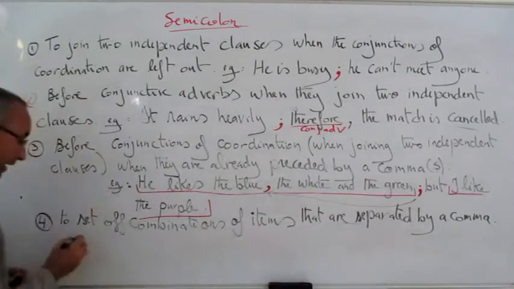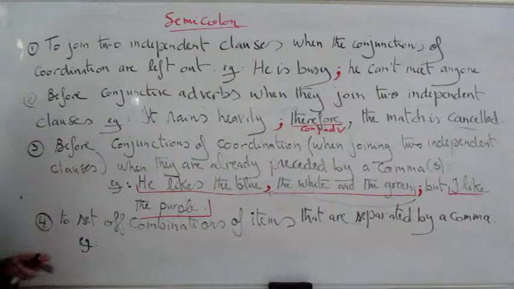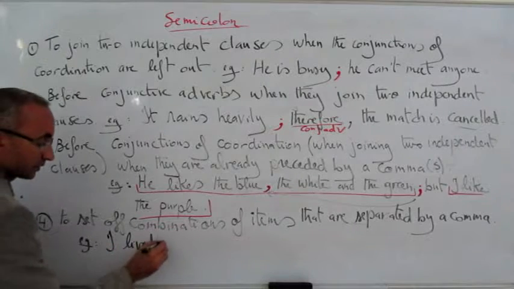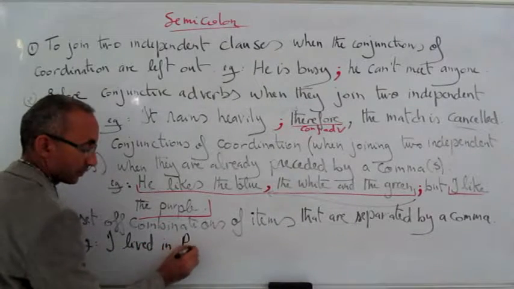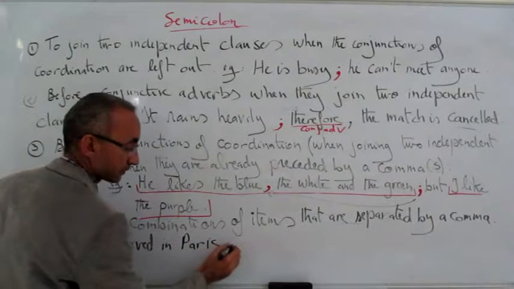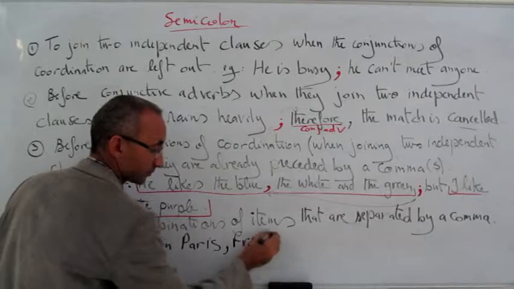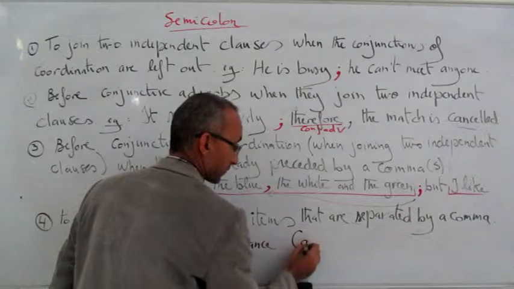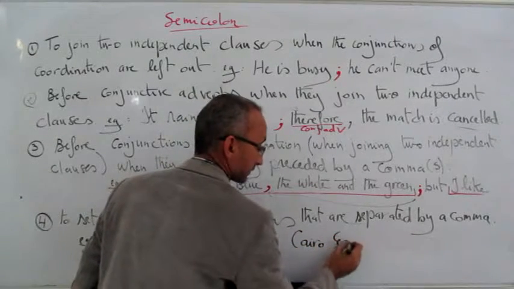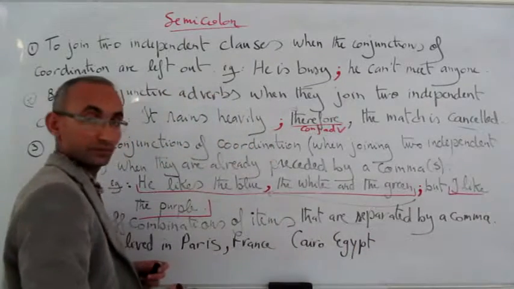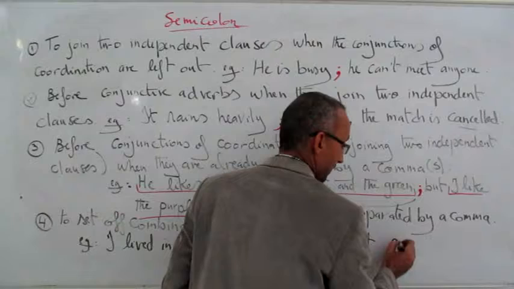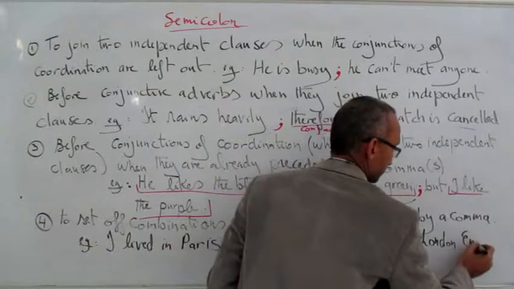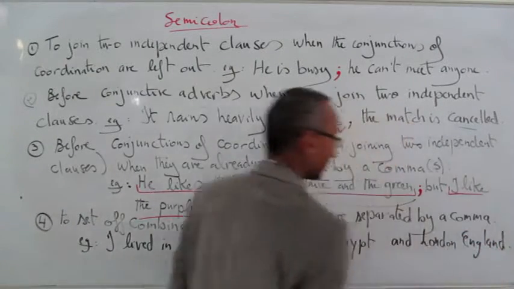For example, I write, I lived in many places: Paris, France; Cairo, Egypt; and London, England.